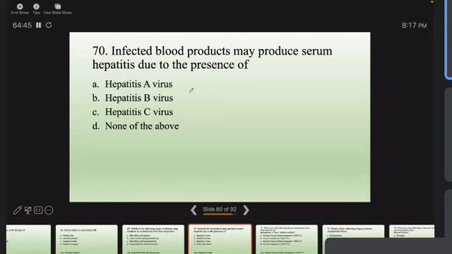Any bodily fluids, usually blood products or any other bodily fluids, right? So that is hepatitis B virus. C, tattooing and needle. Yes, tattooing and by sharing needles, hepatitis C will be the cause. So the answer for this is hepatitis B virus.